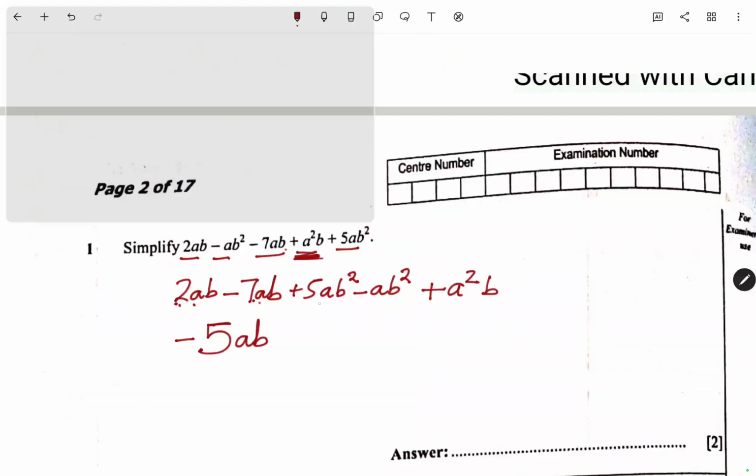Then here, this is direct 5 minus this, it will just be plus 4ab squared plus a squared b. That's all. We cannot simplify further.